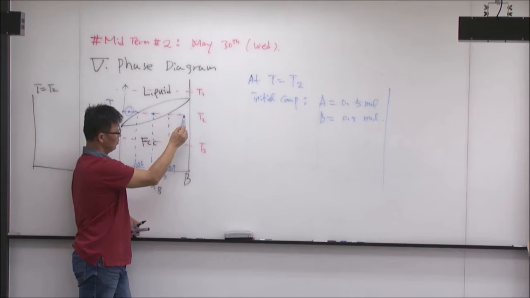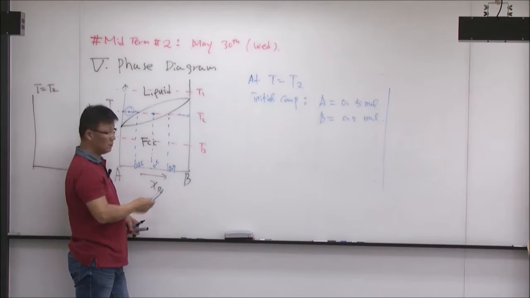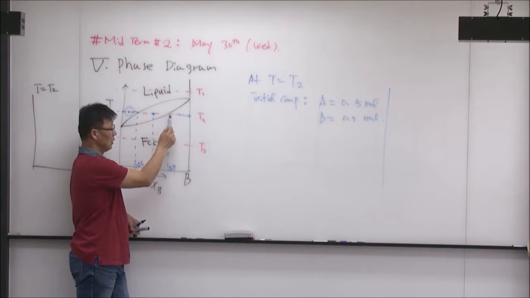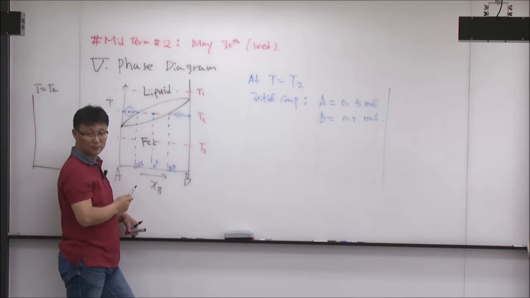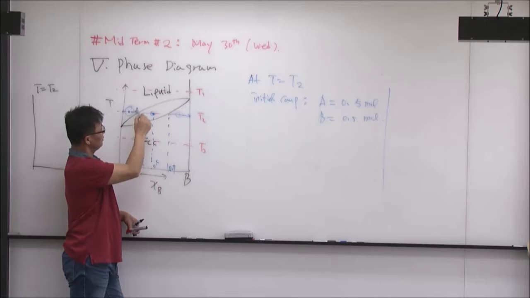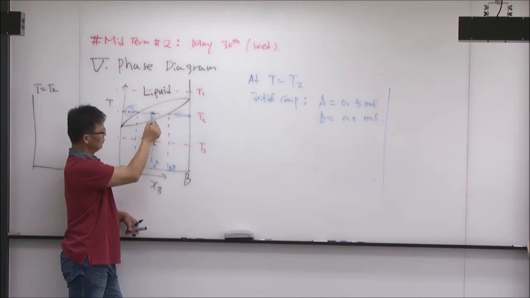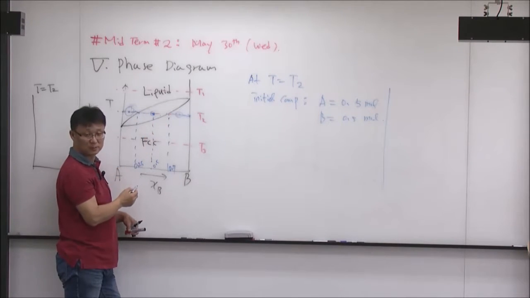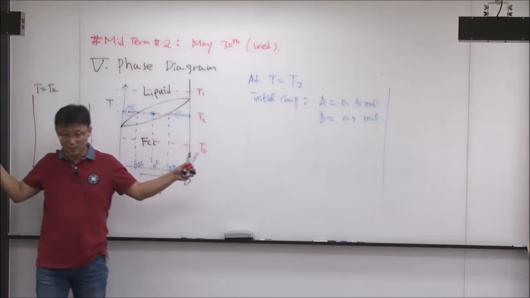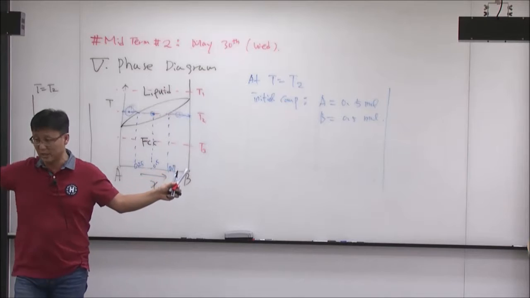Here, same thing. Look at the left side: you have the FCC phase. The right side also looks like the FCC phase. Then it's FCC. Same thing at this point: look at the left side, here's the liquid, and here's FCC. So it's liquid plus FCC. Always look at your left side and right side, and when you see the phase boundary, read that actual phase.